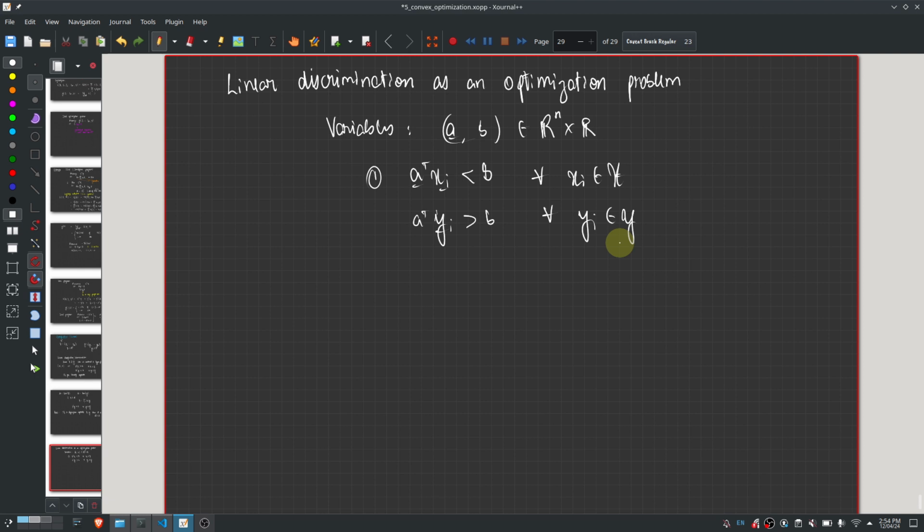I just want one hyperplane that separates these two. Any guesses?